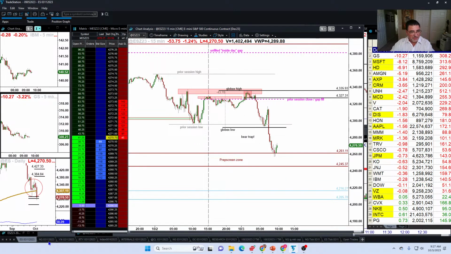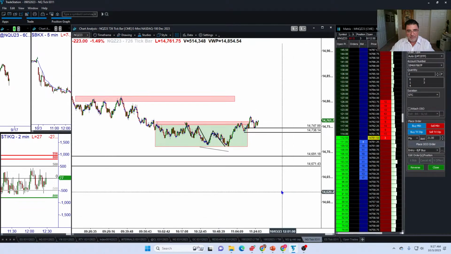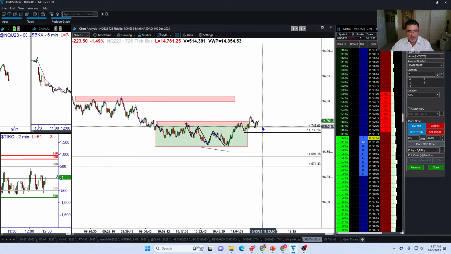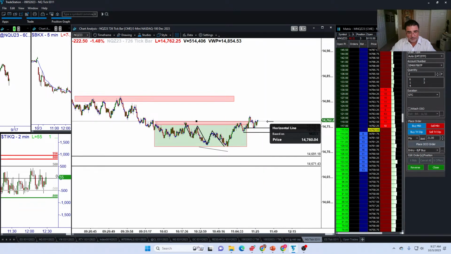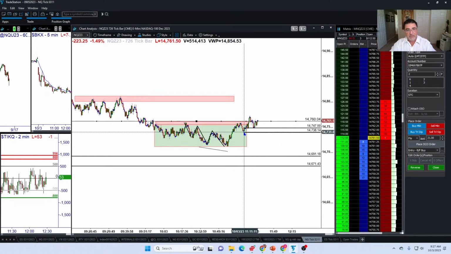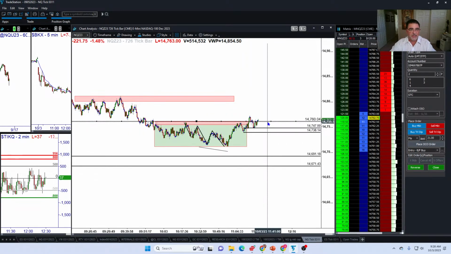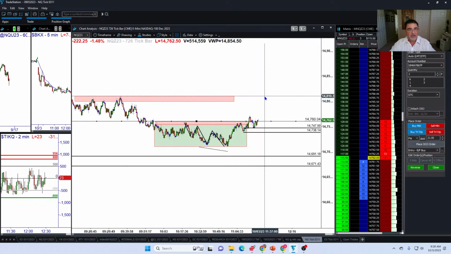Excellent. Okay, so NASDAQ, back to the small time frame. NASDAQ broke out. We had the speed bumps over there, okay? Now's the opportunity to come back in. We actually had the breakout and the retest, okay? So you should be back into the NASDAQ. Short-term profit right there, 14,979.